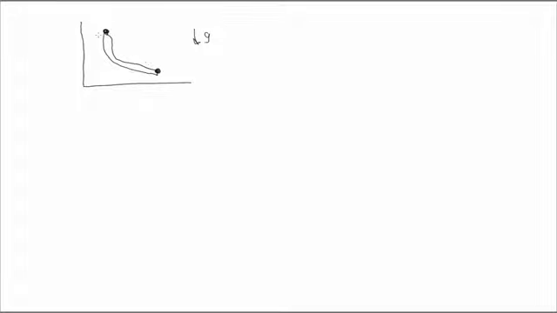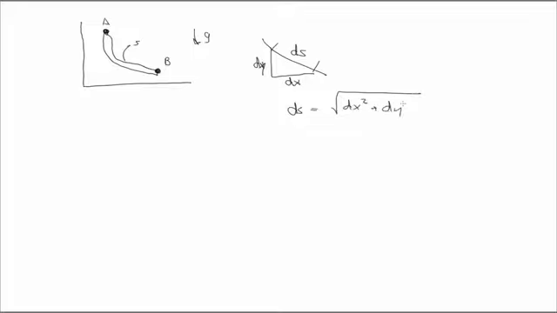So the question is, a particle traveling from point A to B, what is the path that will get you there the fastest? Okay? And so if we call our path S, and we zoom in on a little increment of S, ds, we can approximate ds as the square root of dx squared plus dy squared.